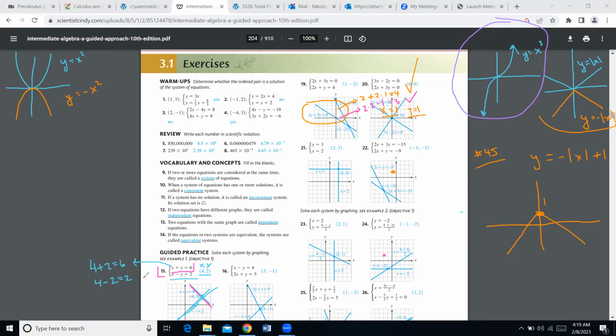Sometimes it's not very convenient and not very straightforward to find the intersection of those lines, like say in problem number 22, when you have these two equations.